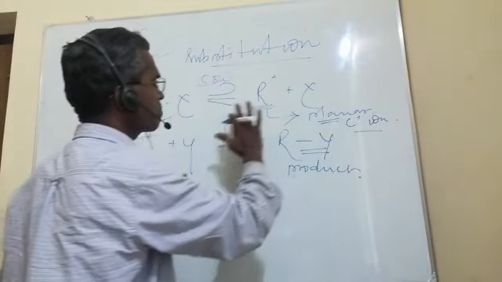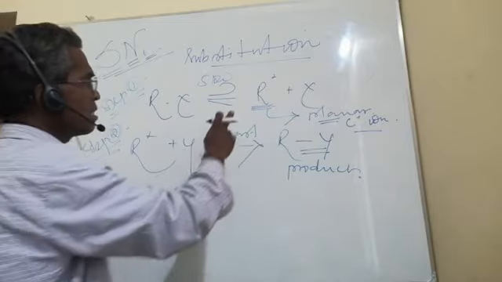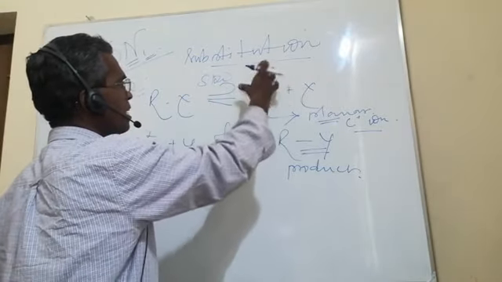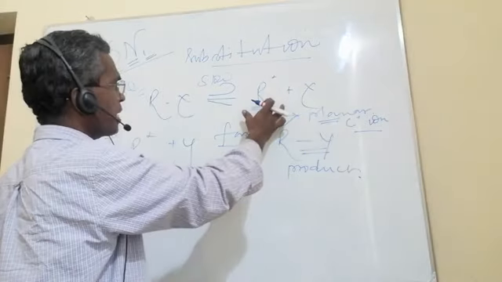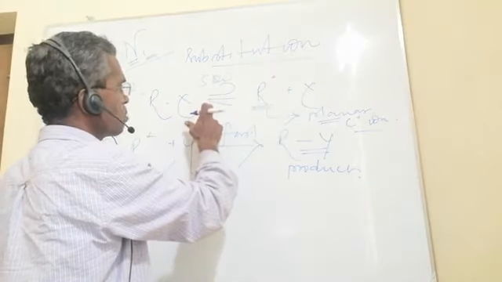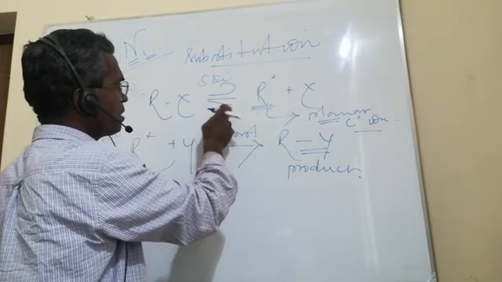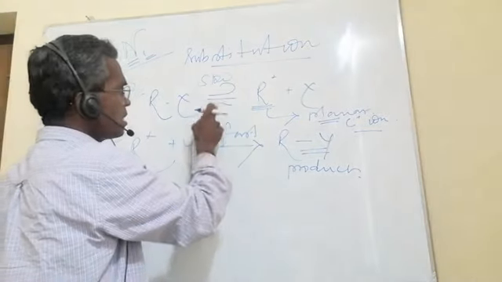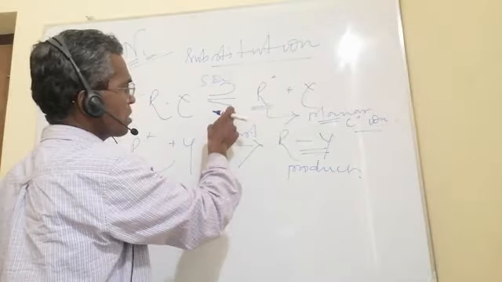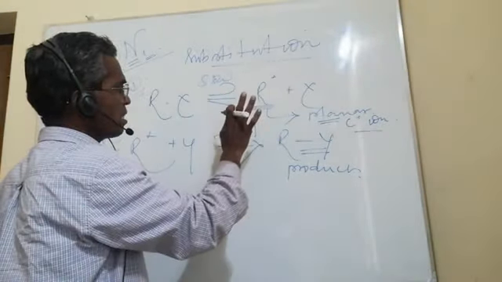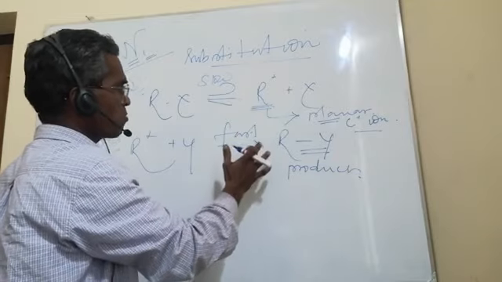The carbonium ion is planar in nature. Step number 1, a slow step, is otherwise called the rate determining step. Remember, this is the only step we take into consideration while calculating the rate, the speed, of this SN1 substitution reaction.